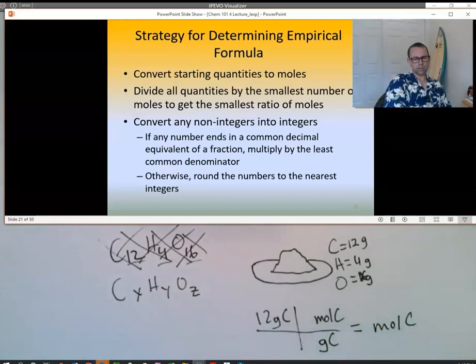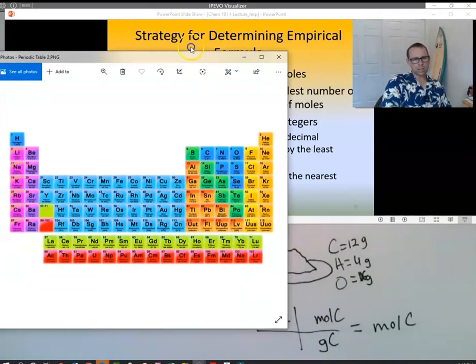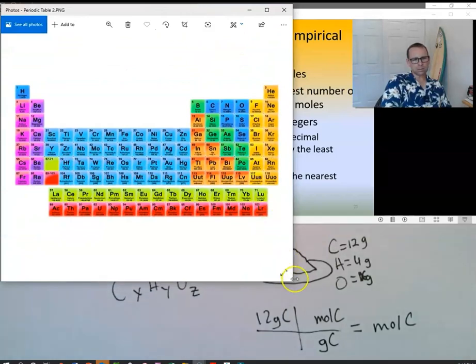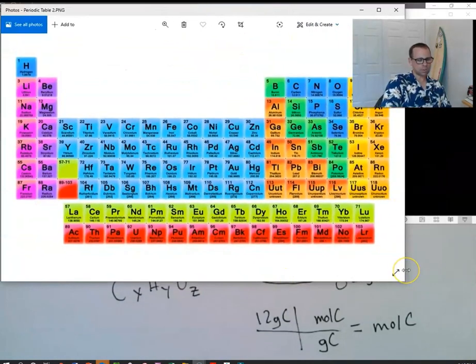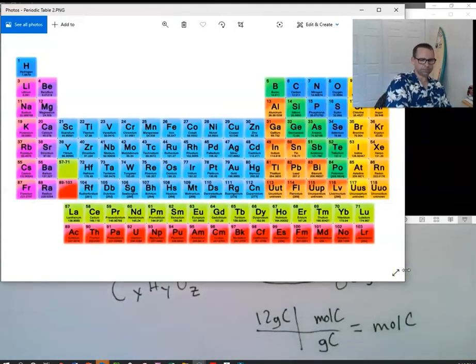So, how many? I need to use the periodic table, don't I? How many grams of carbon? That's right, 12 grams of carbon for every mole of carbon. So where does the 12 go, at the top or the bottom?